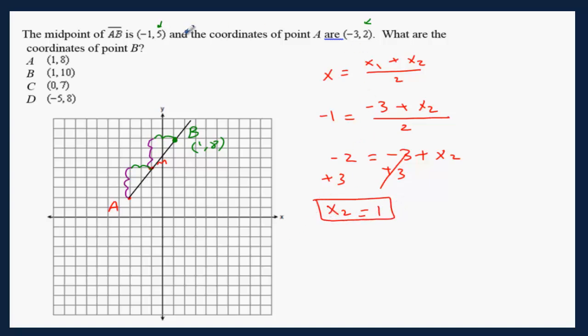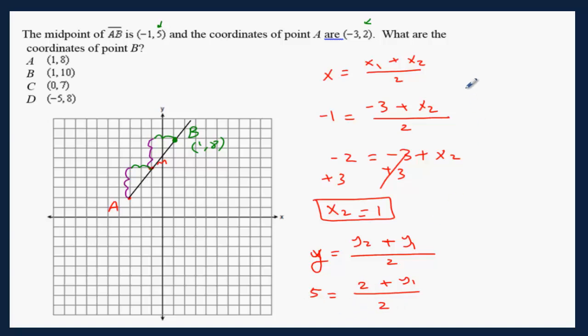Let's get the y2. We know y equals y1 plus y2 over 2. The y of the midpoint in this case is 5, which equals 2 plus y2, over 2.